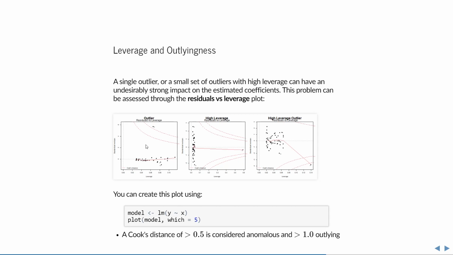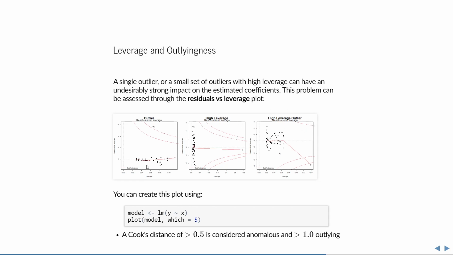But if it also pulls the estimates towards it, so it's not only outlying, but it's also suggesting a different coefficient than the rest of the data, then it also has high leverage. And again, it's also possible for an observation to have very high leverage, so it's pulling really hard on the estimates, even though it isn't outlying.